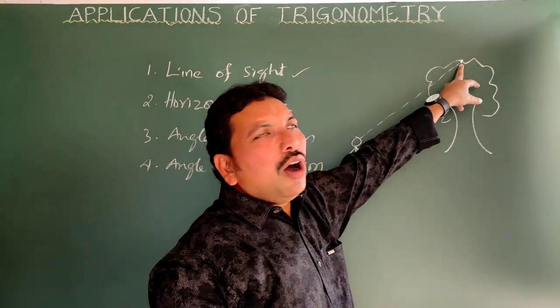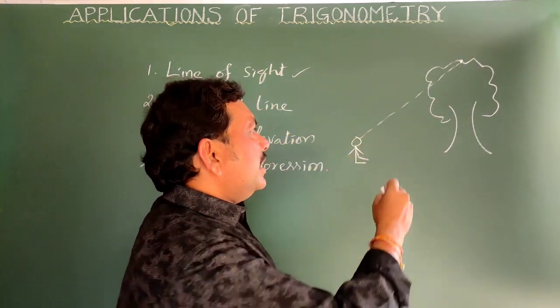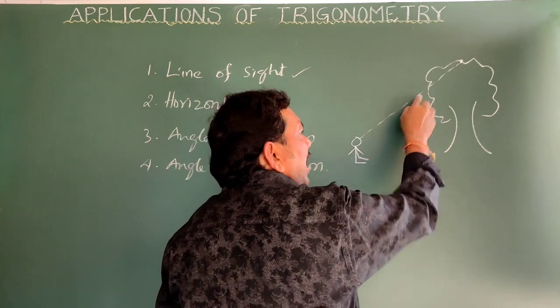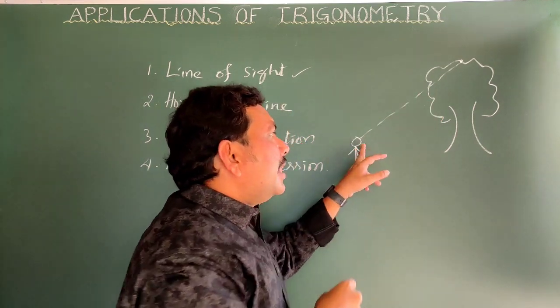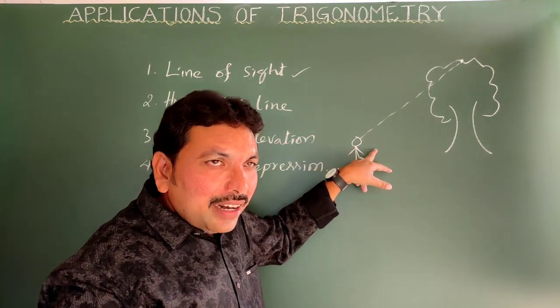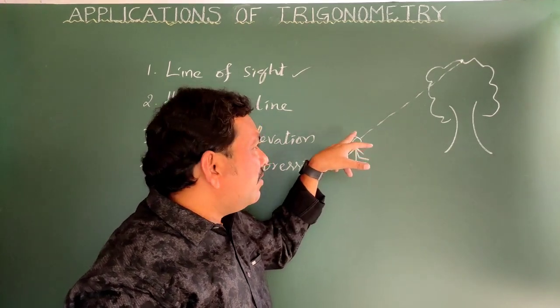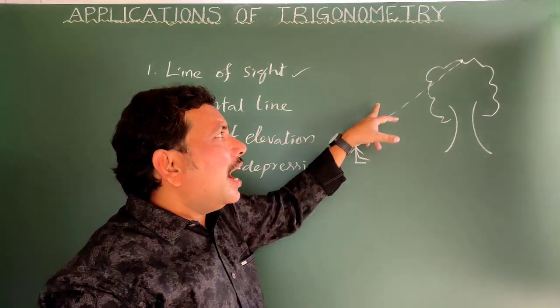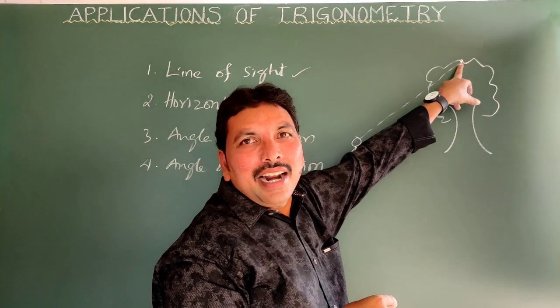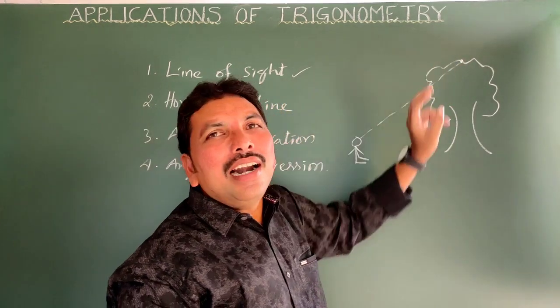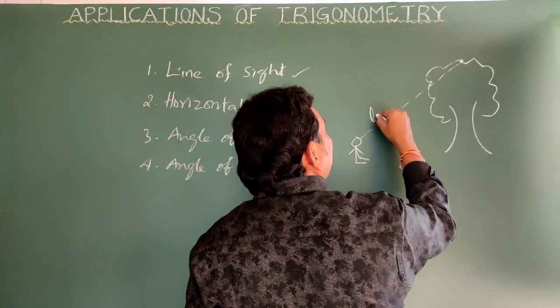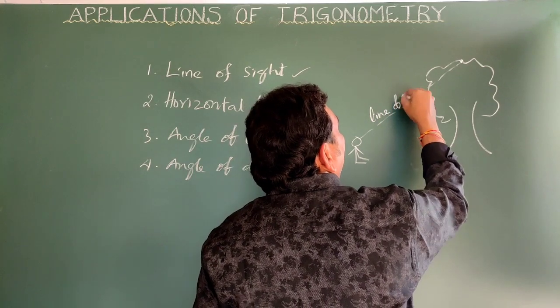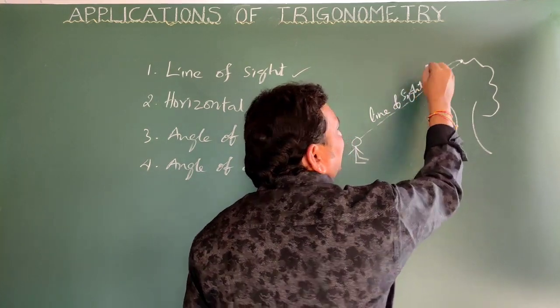See, this is the line in between the eye of the observer and the point on the tree. So this is called line of sight.